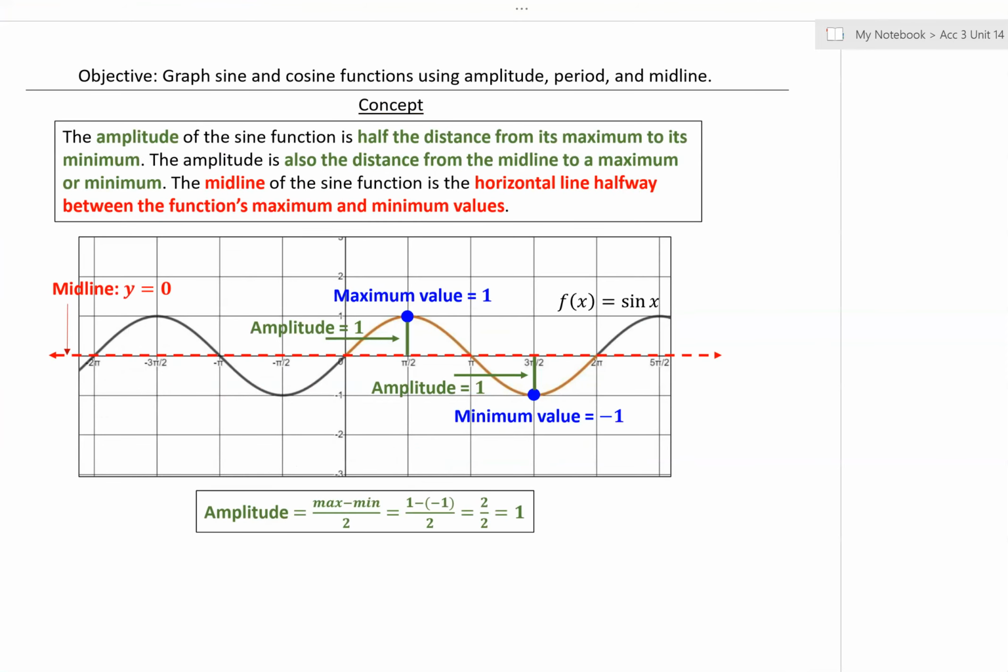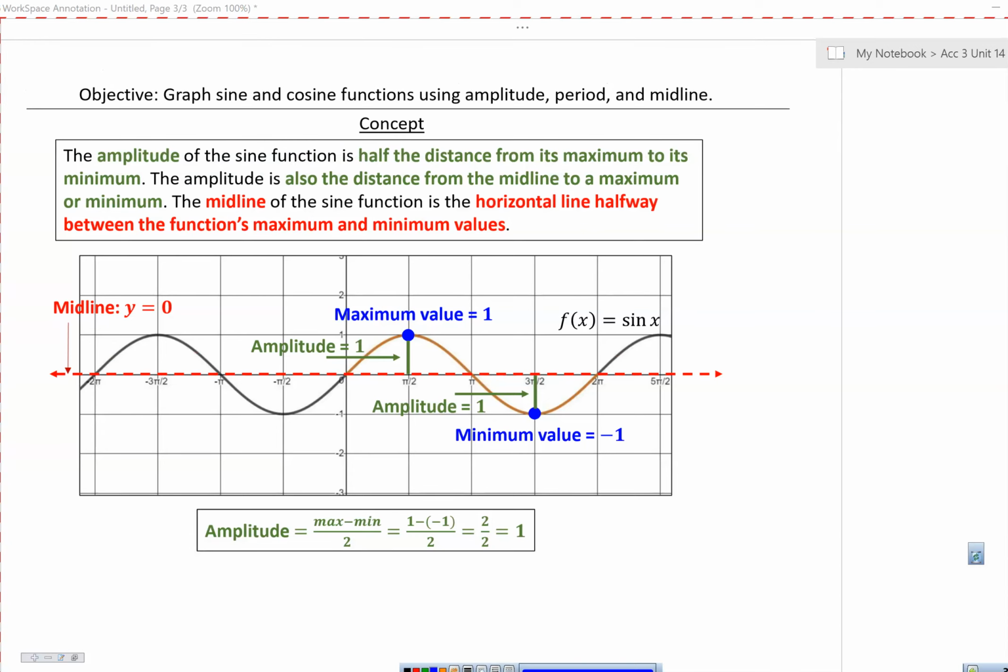So here we are going to add to that. We've talked about the period of the function. We also wanted to know what is meant by the amplitude and the midline. The midline is a horizontal line that goes through the function. Here it's shown as y equals 0. This is our midline. It goes right through the middle of the function, if you want to think of it that way.